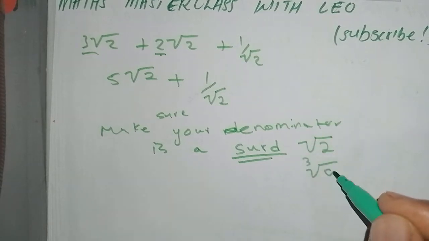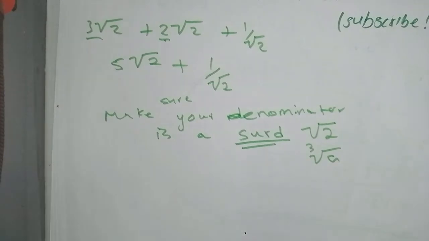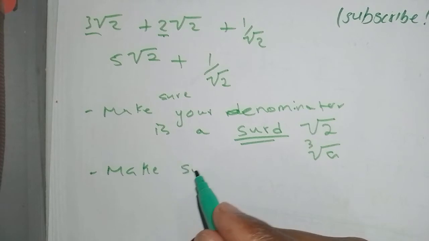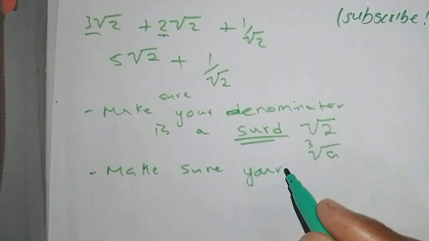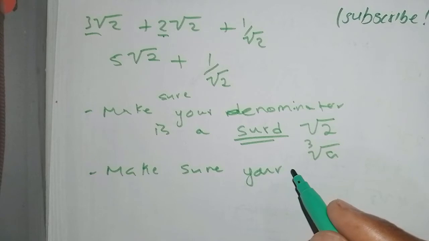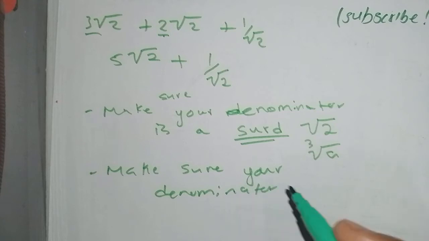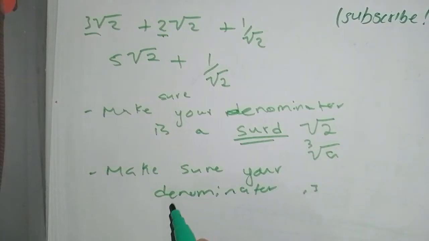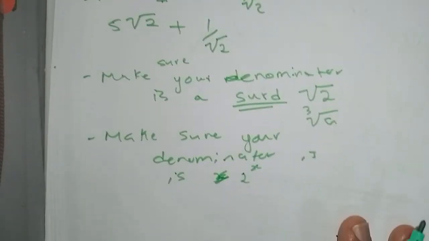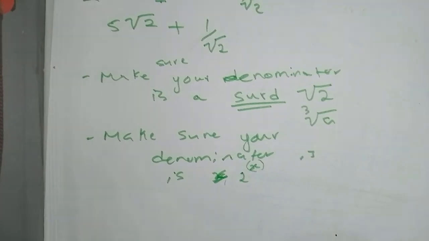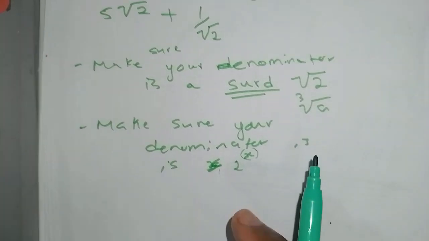And when dealing with exponents, make sure your denominator is not that, let me just say 2 to the power x or something like that. It does not have what you call an alphabet.